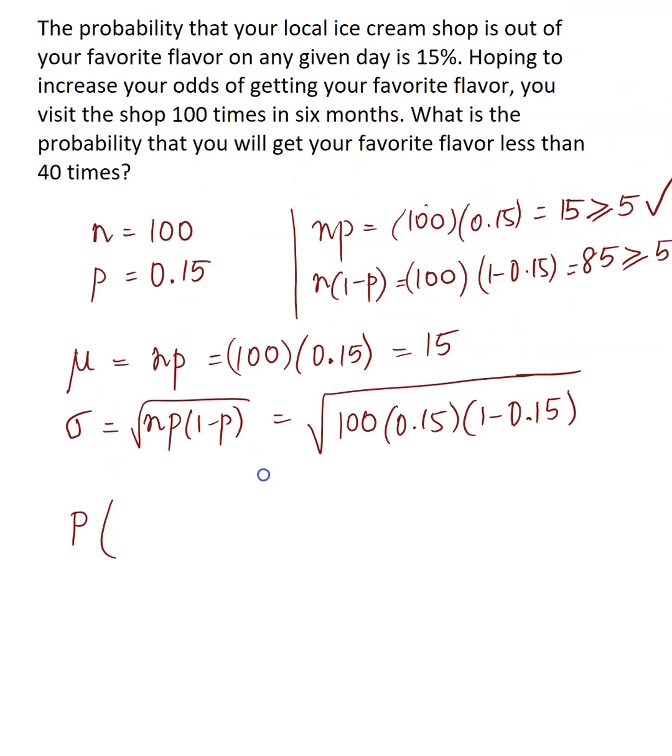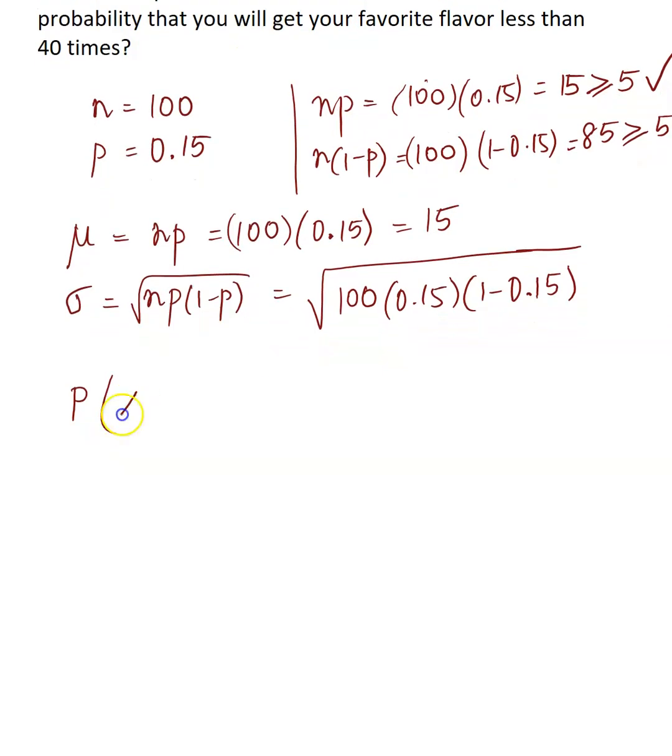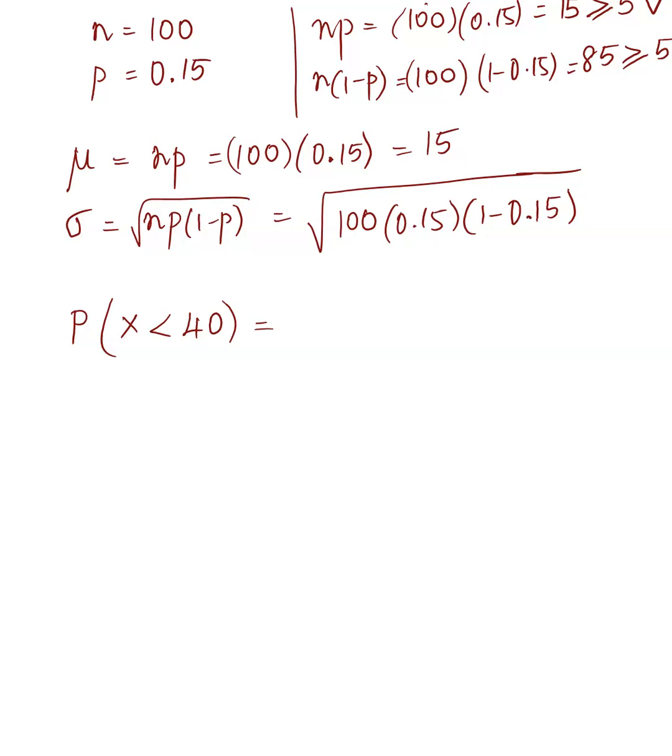So what is the probability that you'll get your favorite flavor less than 40 times? So X is less than 40. Now again, remember the continuity correction, right? You want it to be strictly less than 40. You do not want to include 40.